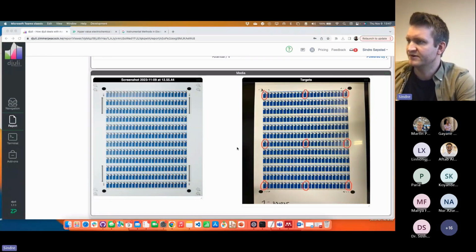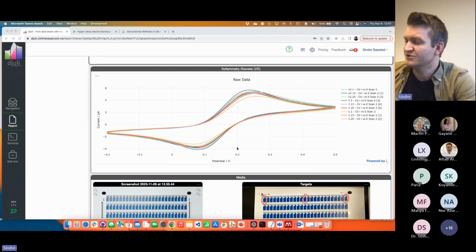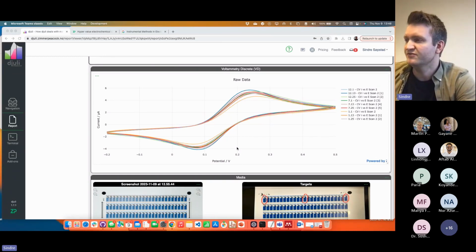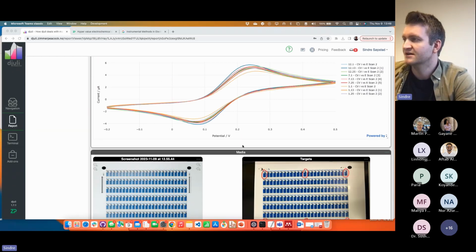In this case, we've done our standard voltammetry. Now I have lots of analyses I want to do, and I have some criteria for certain features that I require in order to pass this sheet.